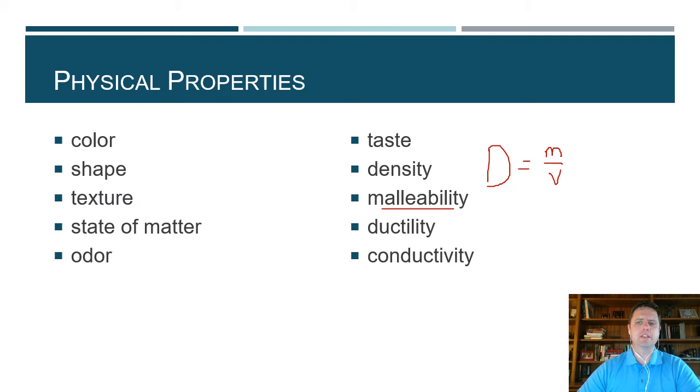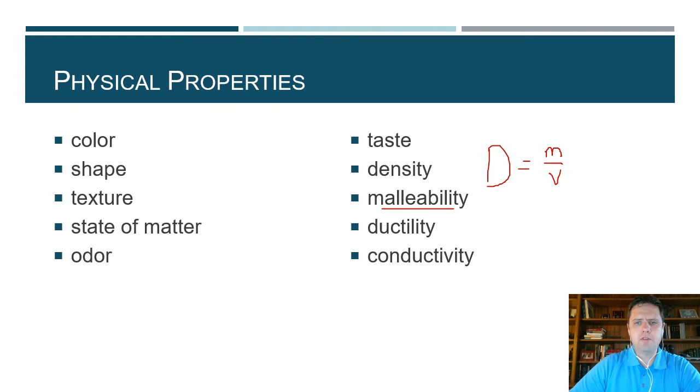Ductility is the ability to take a metal and draw it into a thin wire. So ductility is drawing out something, taking a piece of something and being able to draw it out. Think of, for example, taffy. When they take taffy and pull it out, they can stretch it and it becomes a thin line in between as they pull it. Ductility is this property of being able to draw something into a wire.